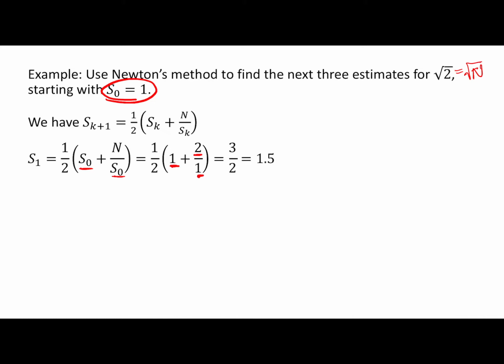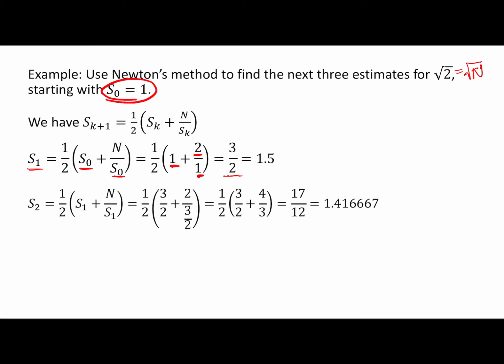All right, now this 3/2 is our S1, so when I go to find S2, I'm now going to put in S1 for my S_k, right? That's the previous term. So I plug in 3/2 for S1 in each slot, and my n doesn't change. I'm still trying to approximate the square root of 2.